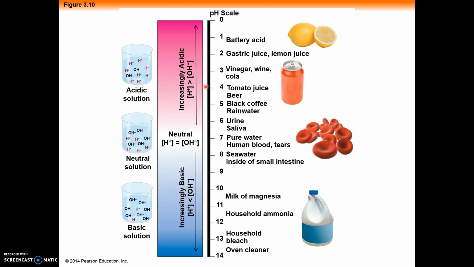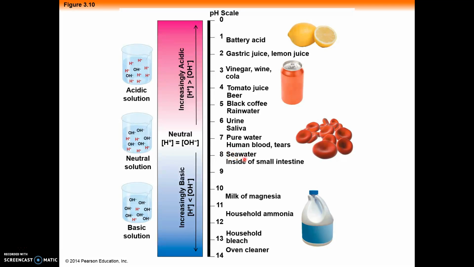If you look at the scale, we can start putting some things onto the scale to give us an idea of what this might look like. So here, pure water is about pH 7, slightly higher than that at a pH of about 7.4, we have things such as blood and tears.